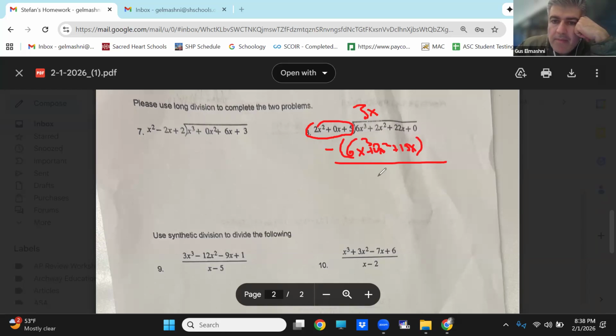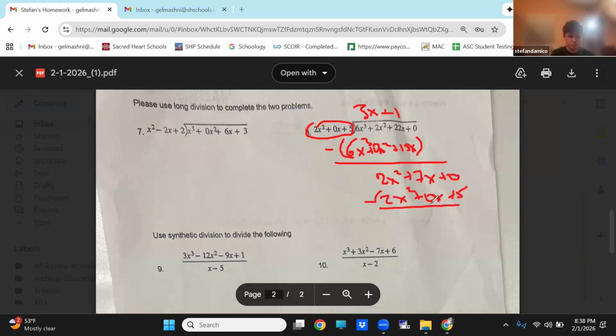So those go away. 2x squared plus 7x. Okay, what do you multiply 2x squared by to get 2x squared? Just 1. Yeah. 0x. That's a 0. That's a 5. And that's your remainder.